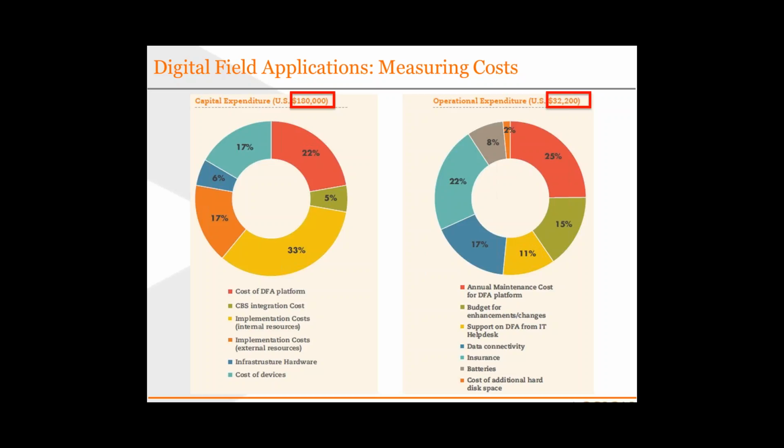And you can see the breakdown of the relative proportions of these costs. Obviously, the highest for capital expenditure is the implementation itself. This also includes the human resources, both internal staff and also the time and effort of the solution providers. And critically on the operational side, to build in the fact that you will have ongoing costs.